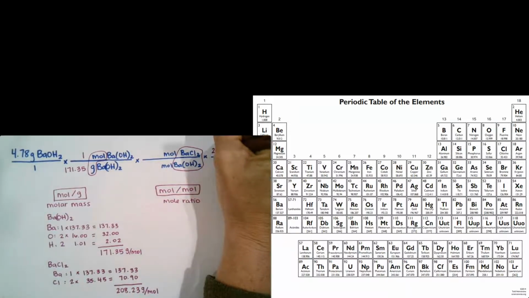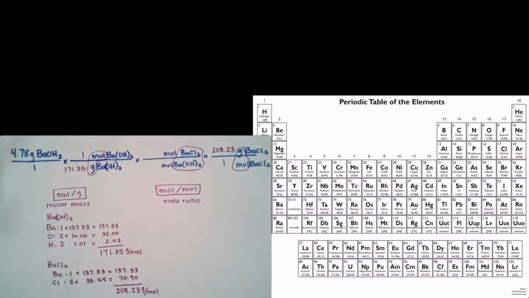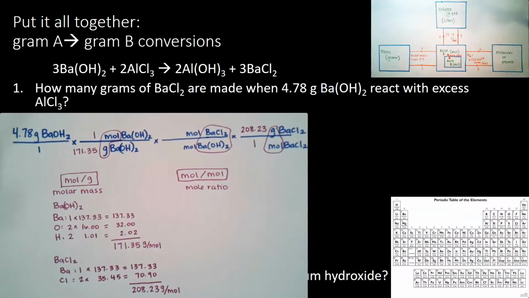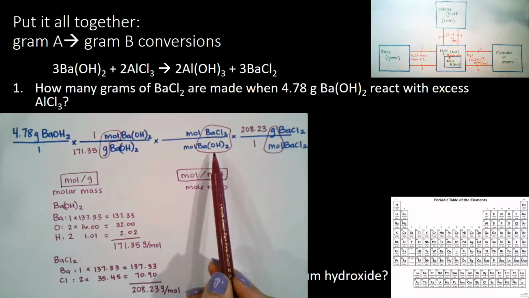Remember that every time we write the molar mass up there, the number goes with the grams. So in our first fraction, that happens to be in the denominator. In our second fraction, that happens to be in the numerator. The only thing that's always true is that it is with the grams. As for the mole ratio, in this fraction, we are going to look to our balanced chemical equation. This is the new information that we added.